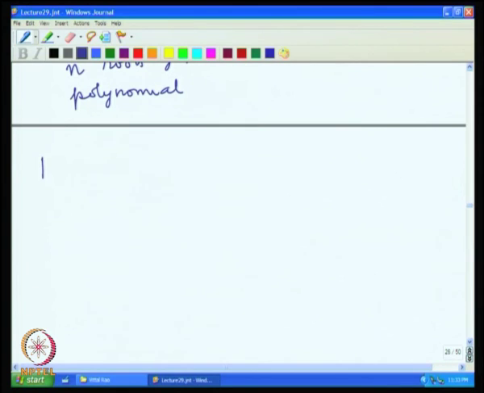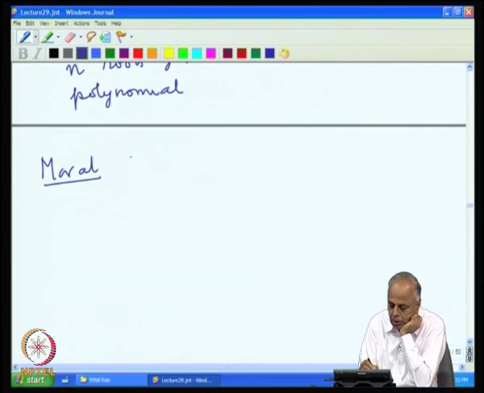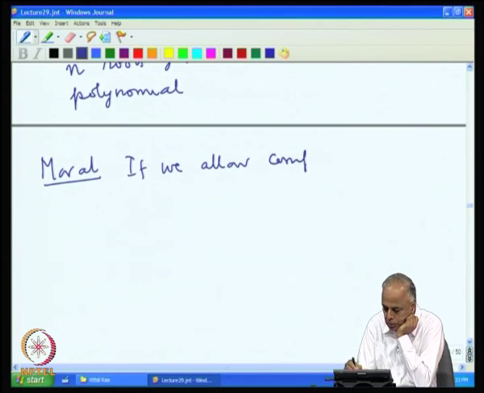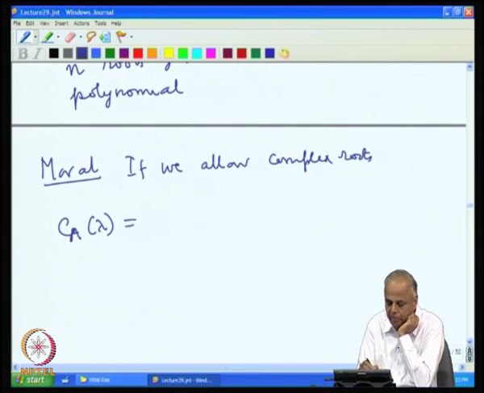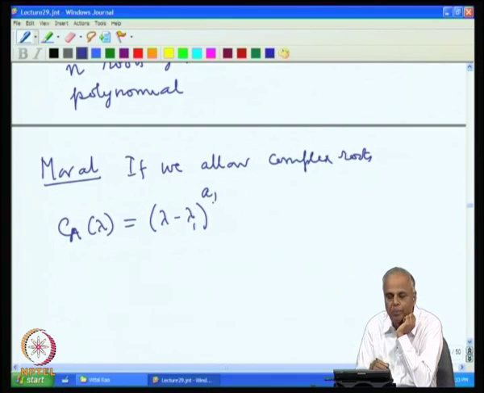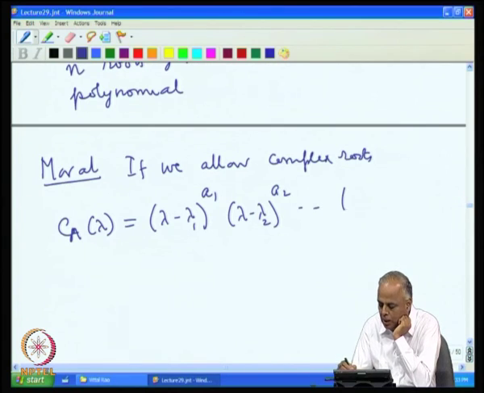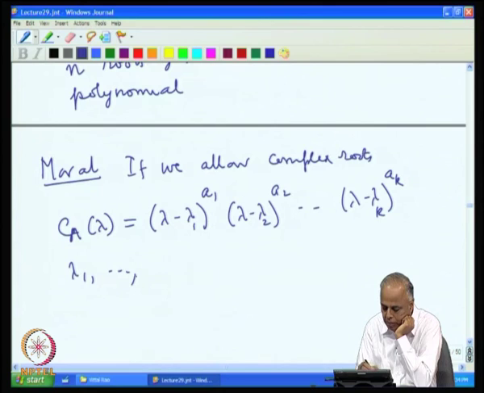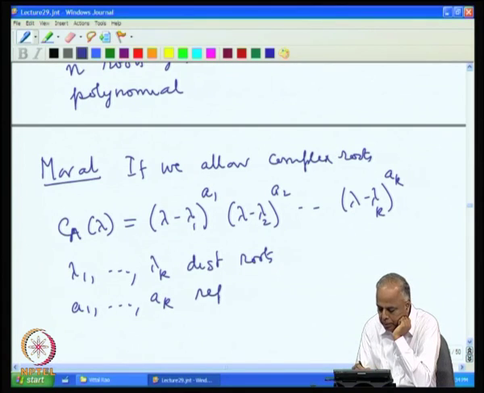So, what is the moral? The moral is, if we allow complex roots, chi_A(lambda) can be factored. Say lambda_1 is a root, maybe it repeats a_1 times, lambda_2 is a root, maybe it repeats a_2 times, lambda_k is a root, maybe it repeats a_k times, where lambda_1, lambda_2, ..., lambda_k are distinct roots and a_1, a_2, ..., a_k are their repetitions.